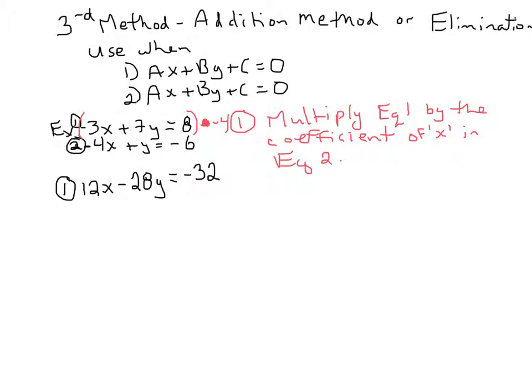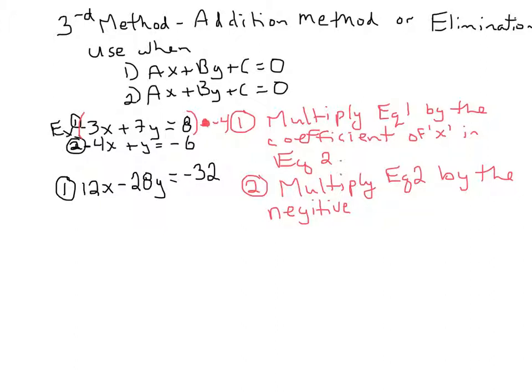Step 2, multiply equation 2 by the, there's going to be a keyword added in here, negative of the coefficient.